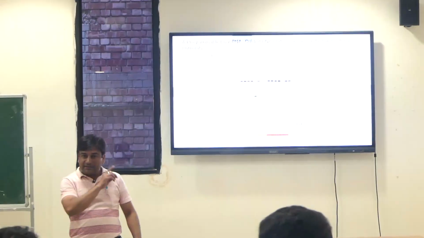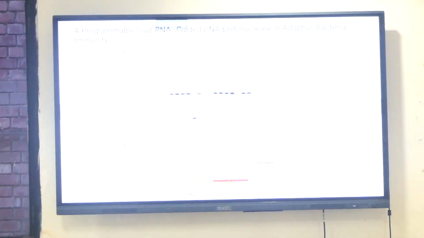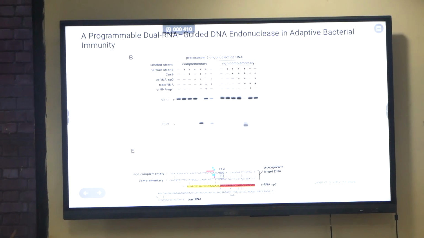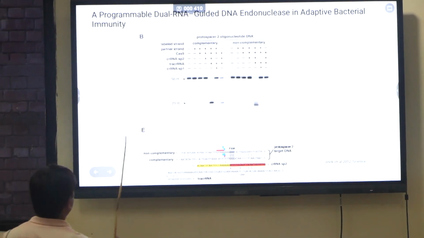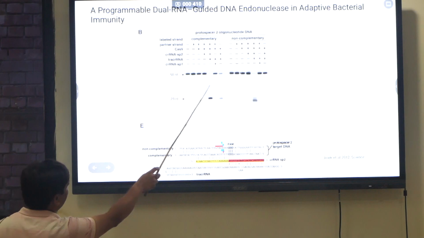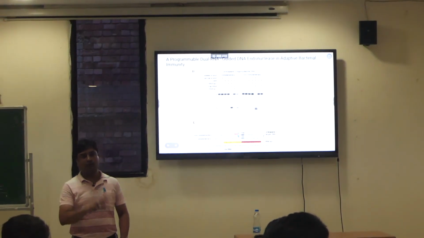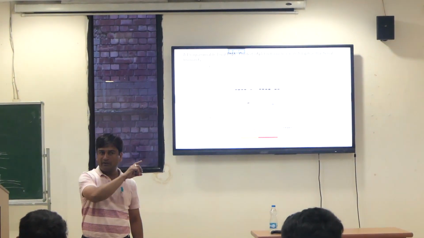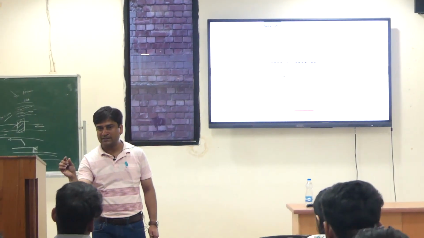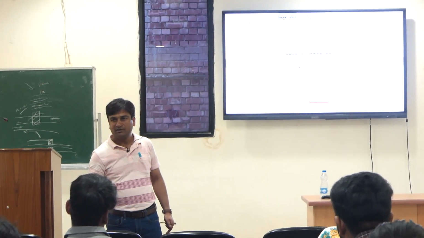So this is the paper that actually showed the functionality of CRISPR. This is from Jennifer Doudna's group: a programmable dual-RNA-guided DNA nuclease in adaptive bacterial immunity. What I told you in the last slide was that you have some spacer sequences acquired. But how do these spacer sequences work?